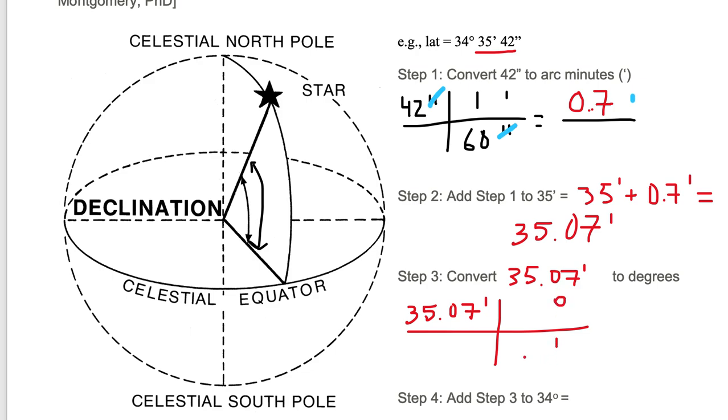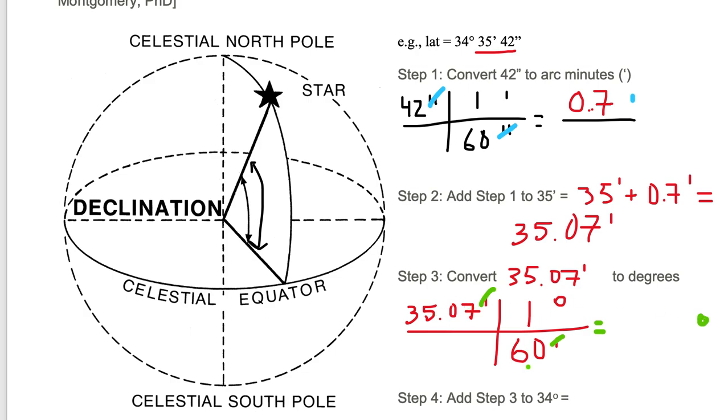Now we need a conversion. We know that there are 60 arc minutes in 1 degree. Now we just cancel units. We notice that arc minute divides with arc minute from the numerator and denominator. The only thing we're left with is a degree, so we carry that unit over.